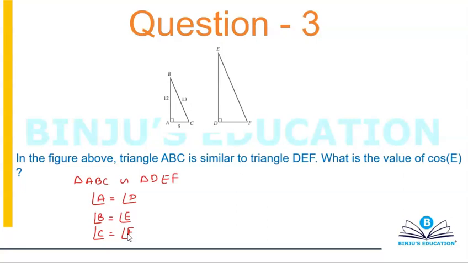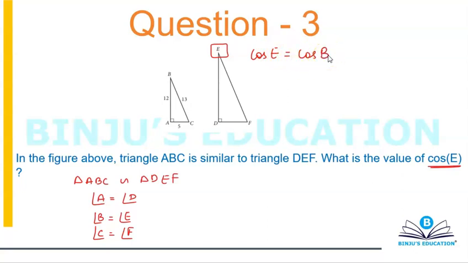Now they're asking us to calculate the value of cos of E. That is, they're asking us about this triangle. Now instead of calculating cos of E, since the two triangles are similar and angle B is equal to angle E, can I simply calculate cos of B?